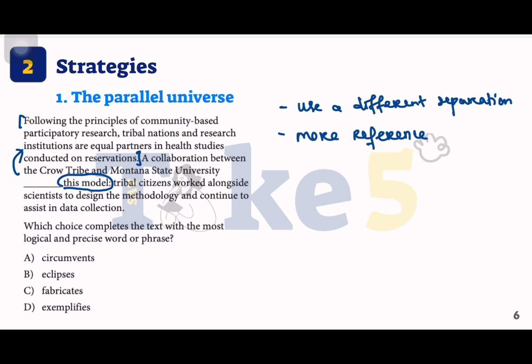If we still want to use the division using the period here, knowing that the two universes, the first and the second sentence, what else in the second sentence got mirrored other than this model? A collaboration is a good cue.